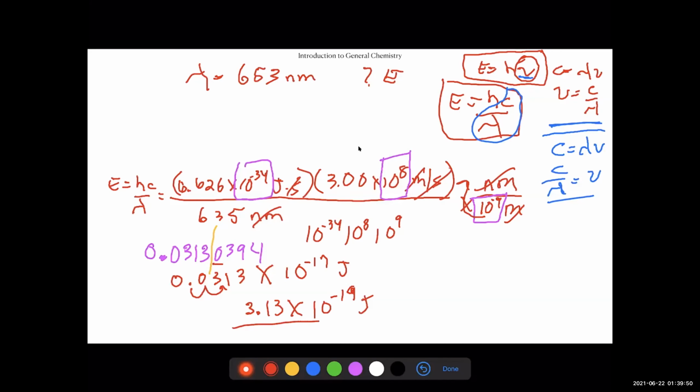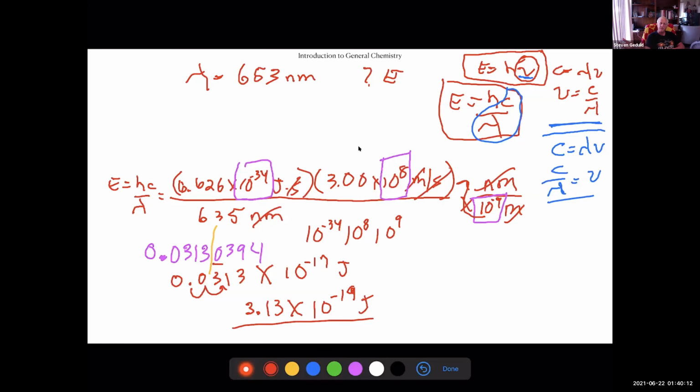All right. Finally did one that worked all the way through. And that's how you get energy. So now you can do, if I give you frequency, you give me wavelength. If I give you wavelength, you give me frequency. For energy, if I give you frequency, you give me the energy.